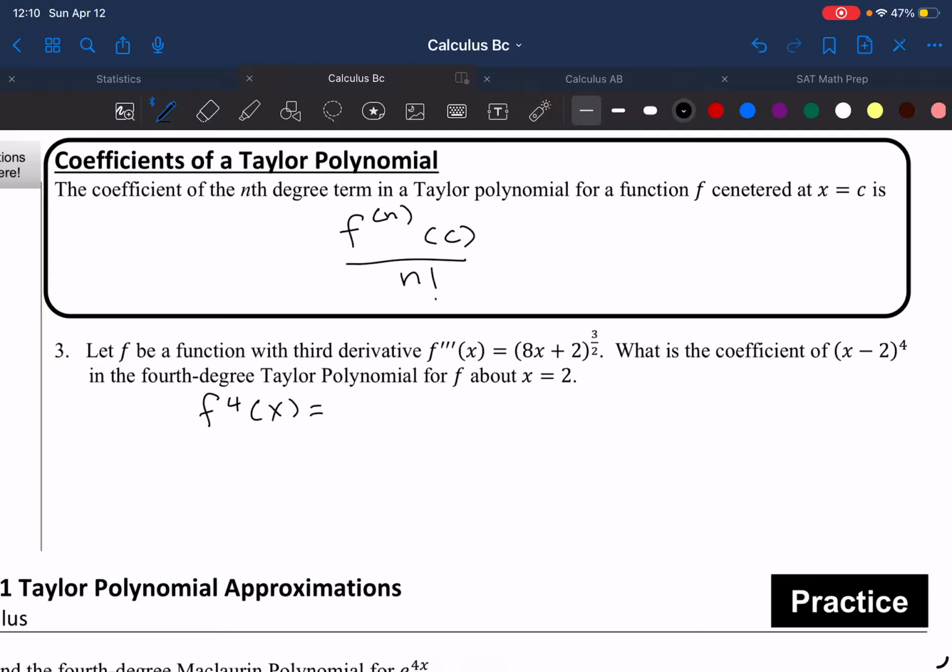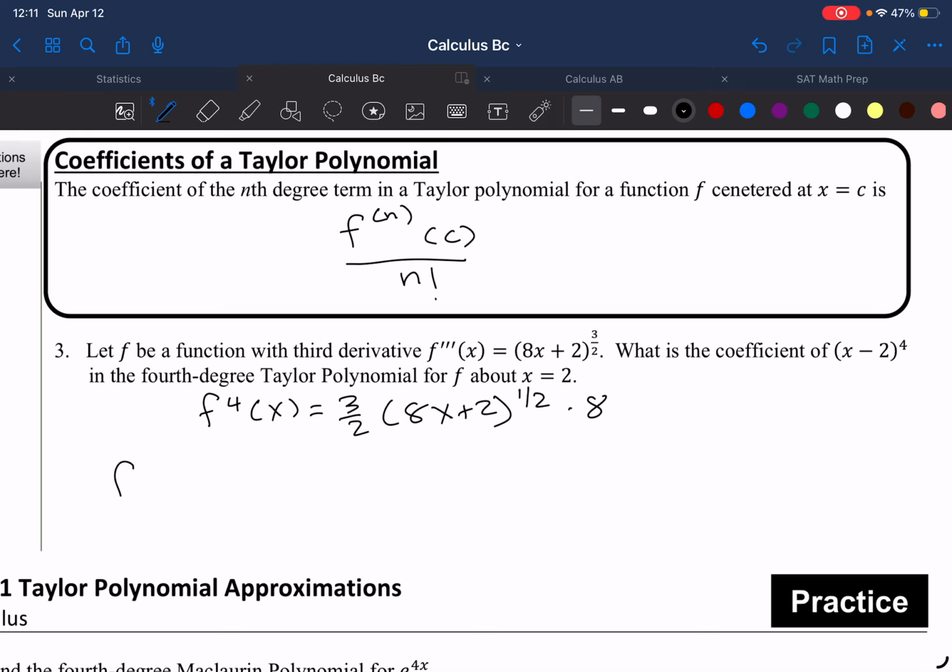So what I'm going to do here is take the derivative of the third derivative given. So I get 3/2 times 8x plus 2 to the power of 1/2 times 8 using the power rule and the chain rule. And then I'm going to plug in x equal to 2 using the coefficient Taylor polynomial formula above.